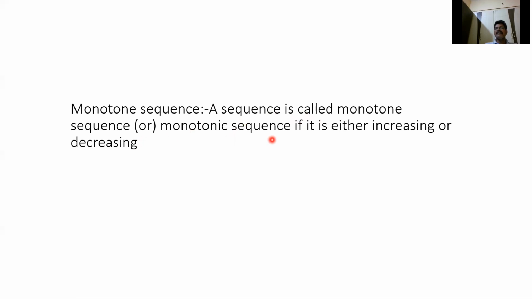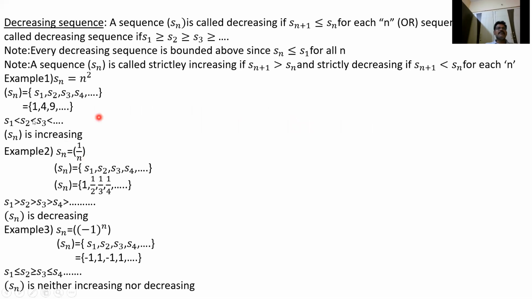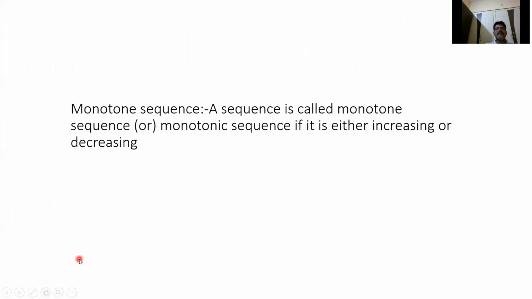Here the first one is increasing, therefore it is a monotonic sequence. The second is decreasing, so it is monotonic. The third is neither increasing nor decreasing, so it is not monotonic.